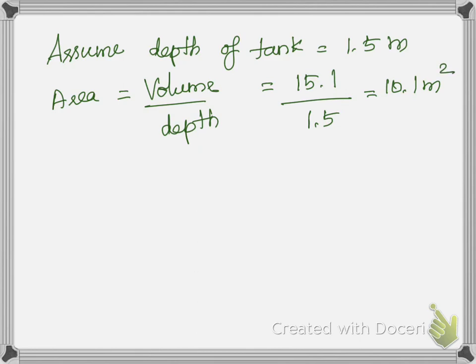As we have seen, our septic tank is going to be a rectangular one. So again assume L is equal to 3B. What is area actually? Area is L into B. We have determined our area as 10.1.